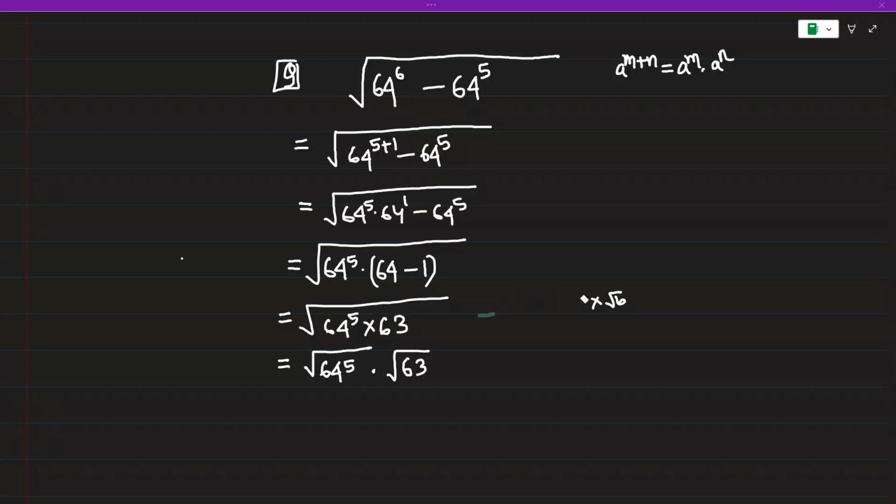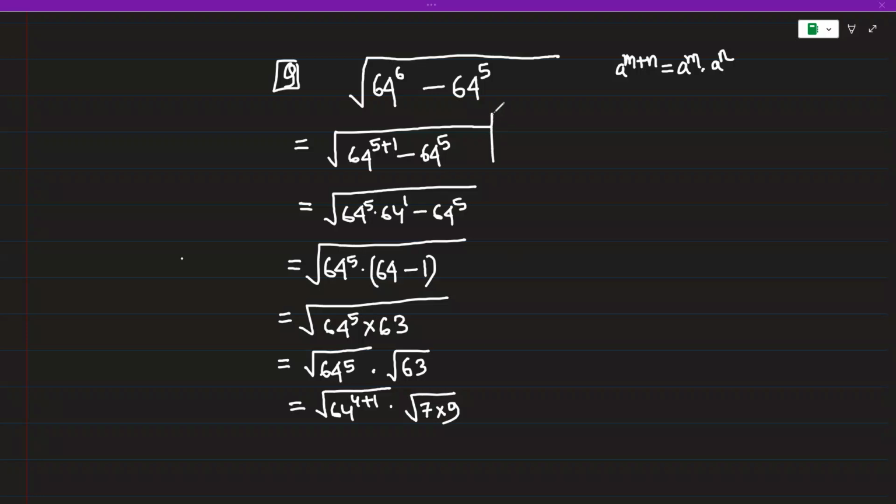Now we can write 64^5 as 64^(4+1), and square root of 63 we can write as 7 times 9.